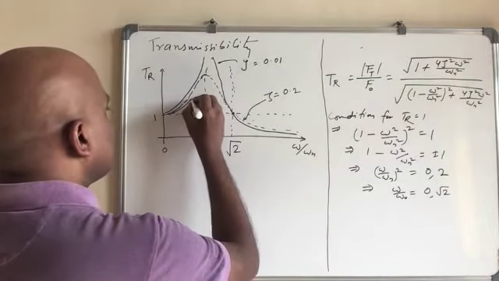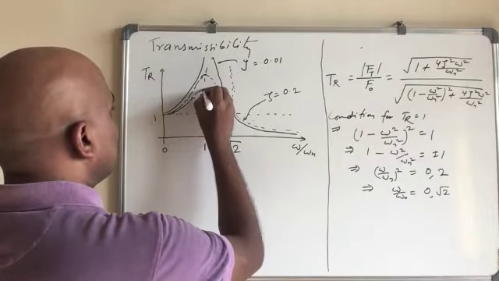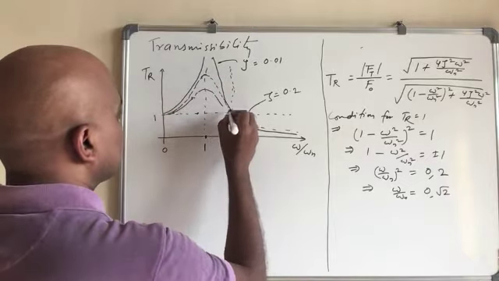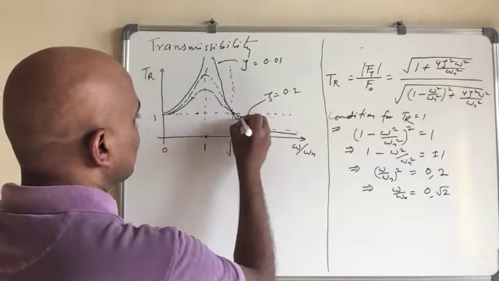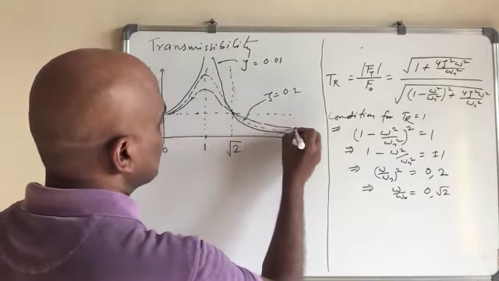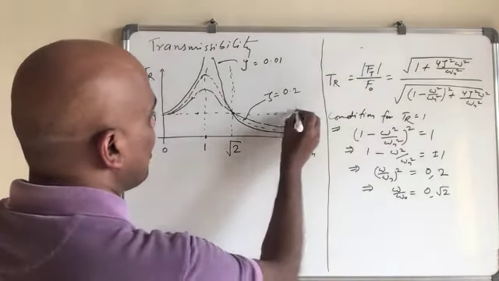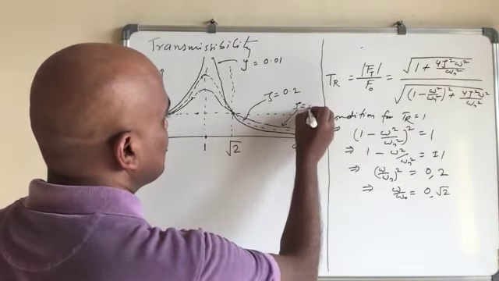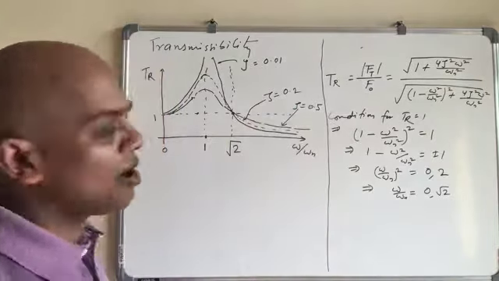Again, this will pass through something like this. Let's call zeta equal to 0.5, and so on.